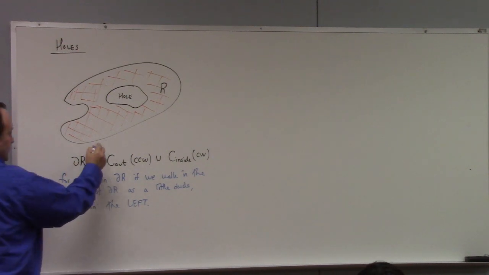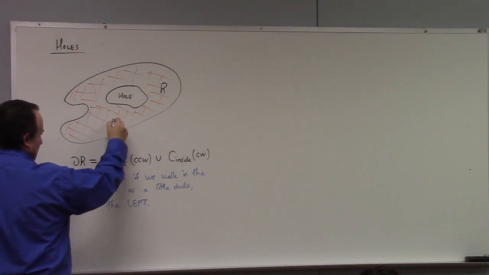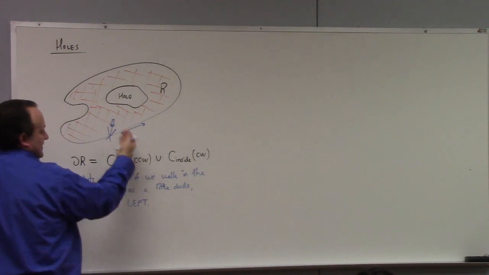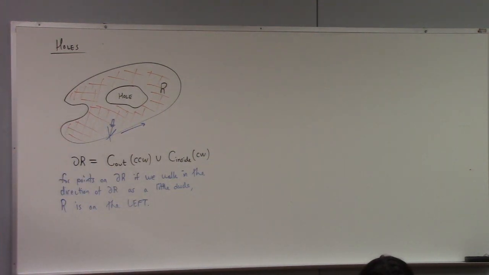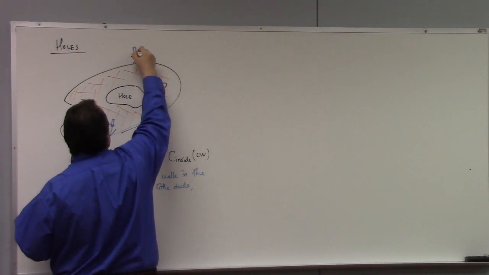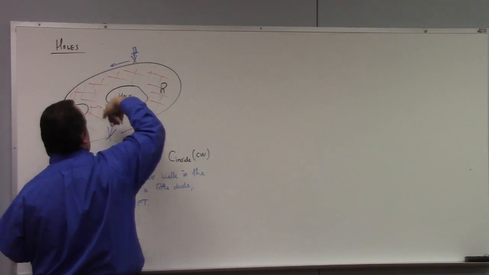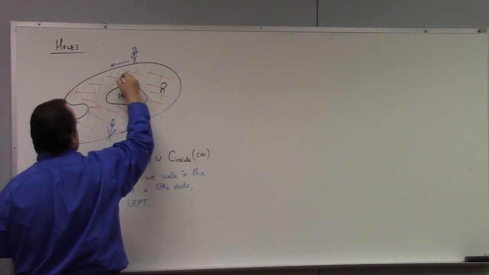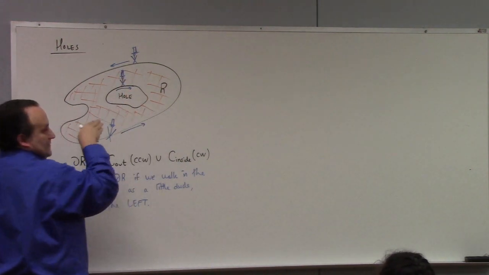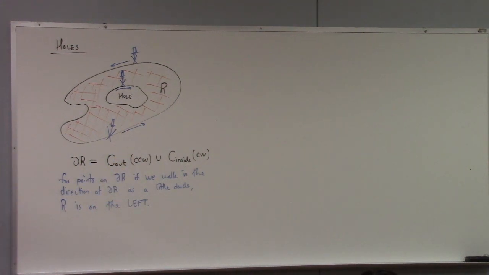So imagine yourself a little dude, walking along the boundary. He's not behind the board, he's in front of the board, but he's walking along the boundary. If he's walking this way, the region is on his left. Can you see that? And that's still true when he's up here. Still on his left. And if you can picture Mr. Top Hat in here, if he's going this way, the inside of the region is on his left.